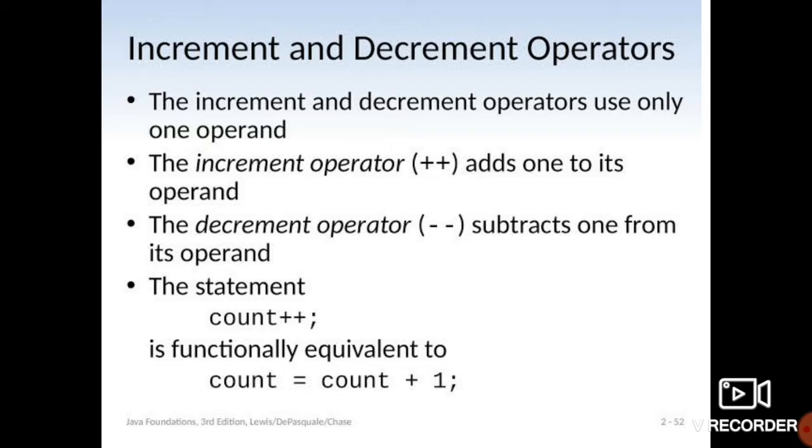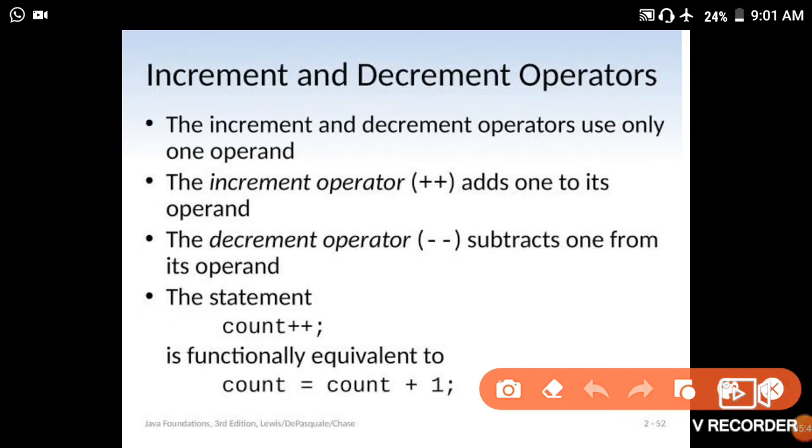The increment and decrement operators use only one operand. The increment operator plus plus adds 1 to its operand. So the sign is plus plus. The decrement operator is minus minus. It subtracts 1 from its operand. So the sign of the decrement operator is minus minus.